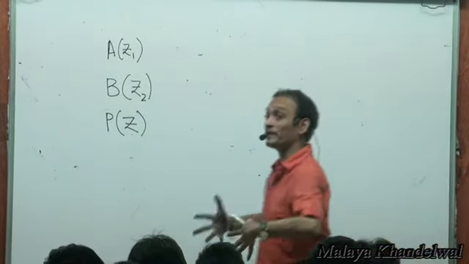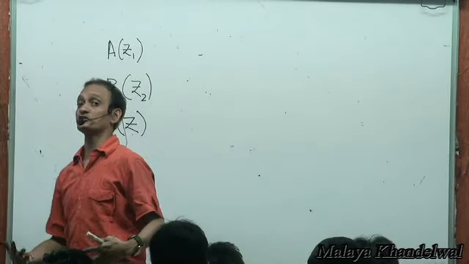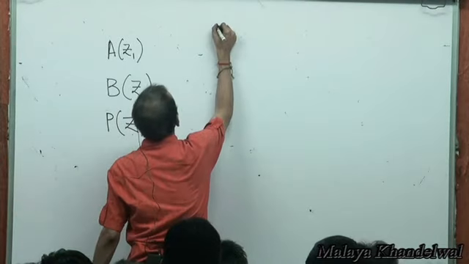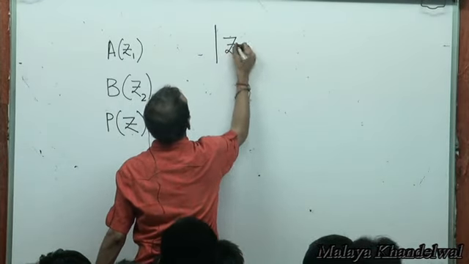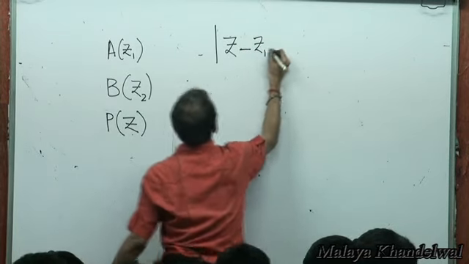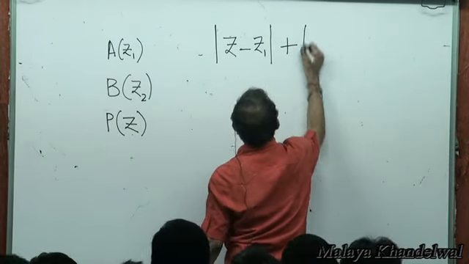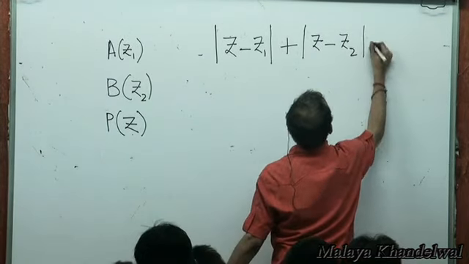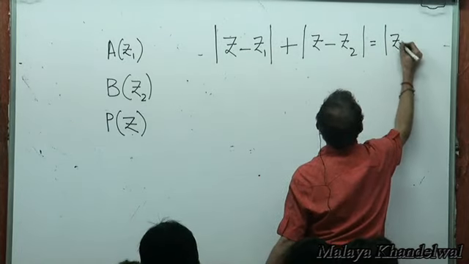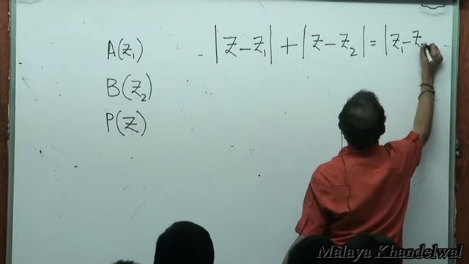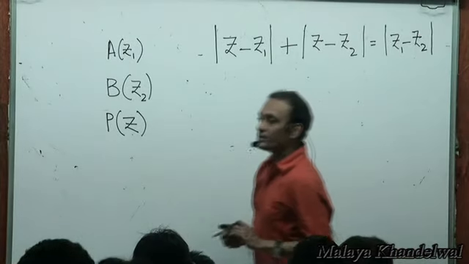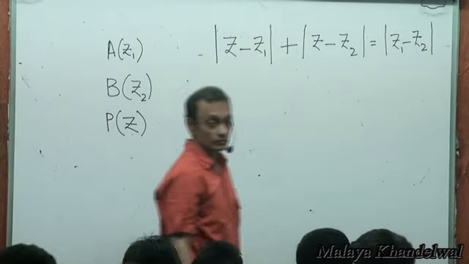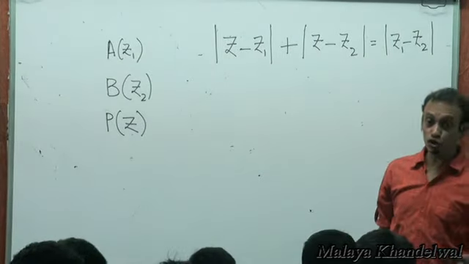Now, if it's a moving point, it has to move subject to a condition, right? Let's say Z moves in a manner that mod Z minus Z1 plus mod Z minus Z2 is mod Z1 minus Z2, say.